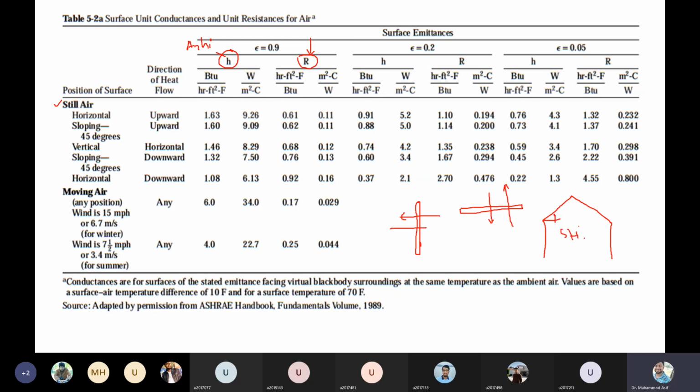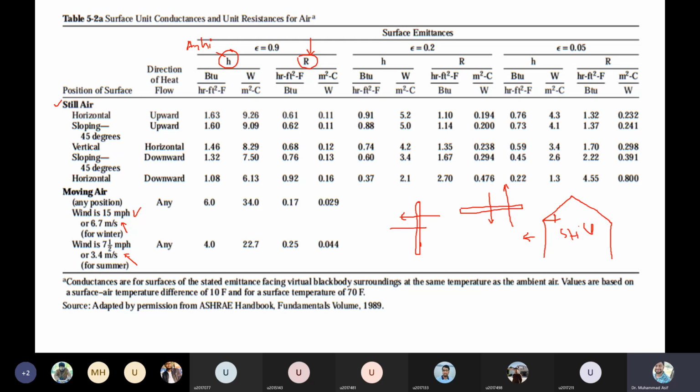Depending upon whether it's still air, normally we take the inside air as still air, whereas the outside air has a certain velocity. Let's say the velocity is 15 miles per hour, which is very high, or the normal velocity, 7.5 miles per hour, or in SI units 6.7 meters per second or 3.4 meters per second. Normally we take the first velocity during winter weather, whereas 3.4 is normally taken during summer weather.